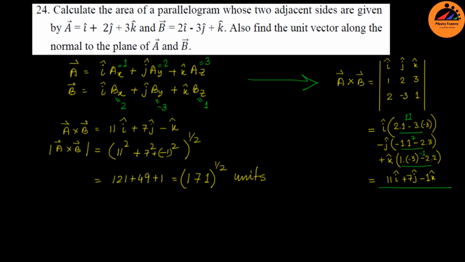And now you need to find the unit vector perpendicular to the plane of A cross B. See, how do you find the unit vector? So unit vector, suppose n cap is basically A cross B, you take the vector divided by the magnitude of the vector, right?